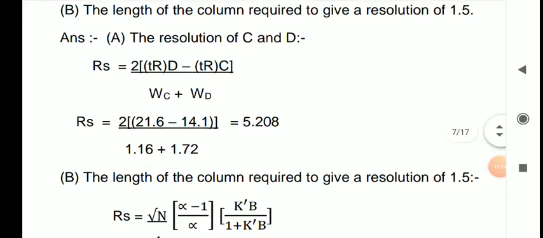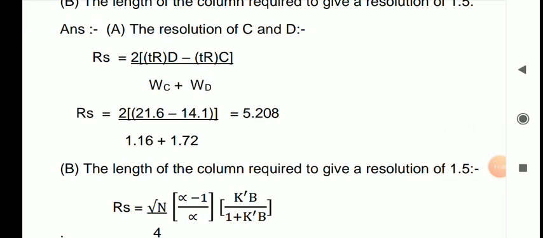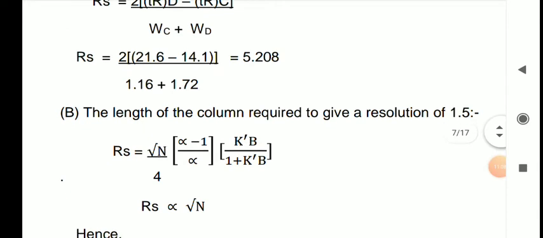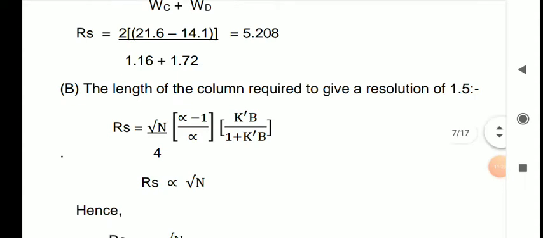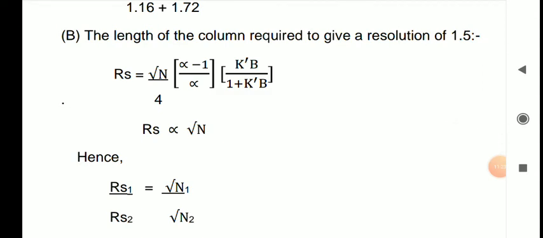Now the length of the column required to give a resolution of 1.5. Resolution is proportional to square root of n as per this equation which is shown there. Since alpha and k dash, in this case k dash d, are constant, we can have Rs proportional to square root of n. So Rs1 upon Rs2 will be square root of n1 upon square root of n2.